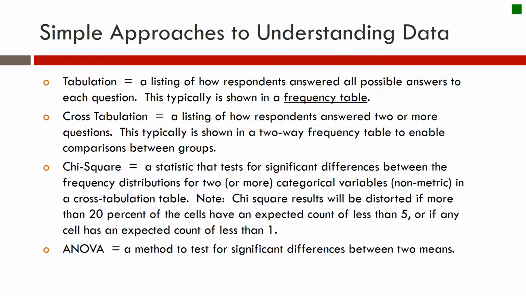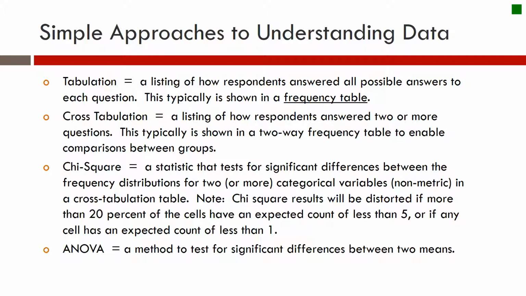Okay, cross tabulation then often shows, or we try to illustrate, how respondents answer to multiple questions. So if they answered one way to a question, how does that impact how they answer another question? And so we do this with group differences and things like that all the time.